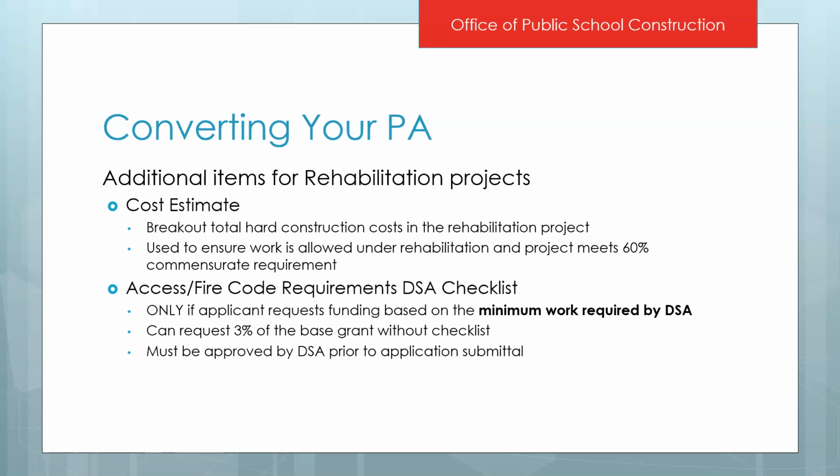It's a DSA, Division of the State Architect checklist, and submit it to DSA when you are submitting your plan. So it must be reviewed and approved by DSA when your plans are approved. The key thing here is the work that we fund is the minimum work that is required by DSA. So even using this checklist, your work could possibly go beyond the funding that is provided for that particular work.